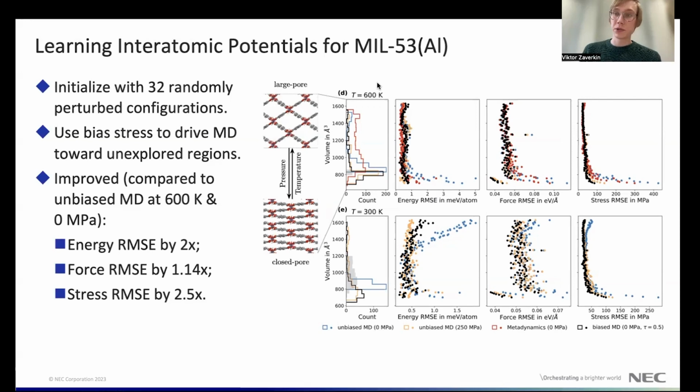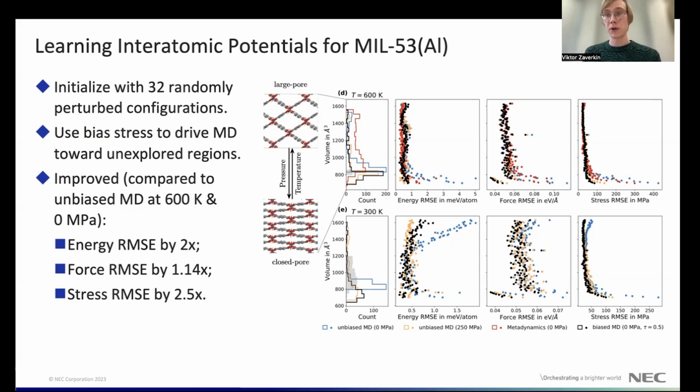So for these high temperature experiments, I would like to compare the results obtained by our uncertainty biasing to the metadynamics. And first of all, we see that both methods explore both stable phases of the metal organic framework, but our uncertainty biasing leads to more efficient exploration of the smaller volumes, which leads to a much better performance of our models in this region, and also the uniform accuracy across the whole volume space.